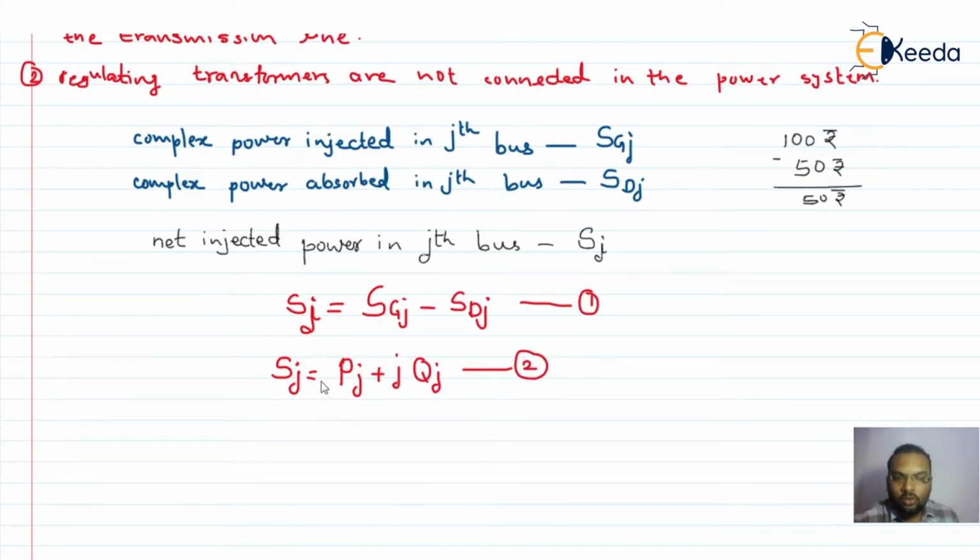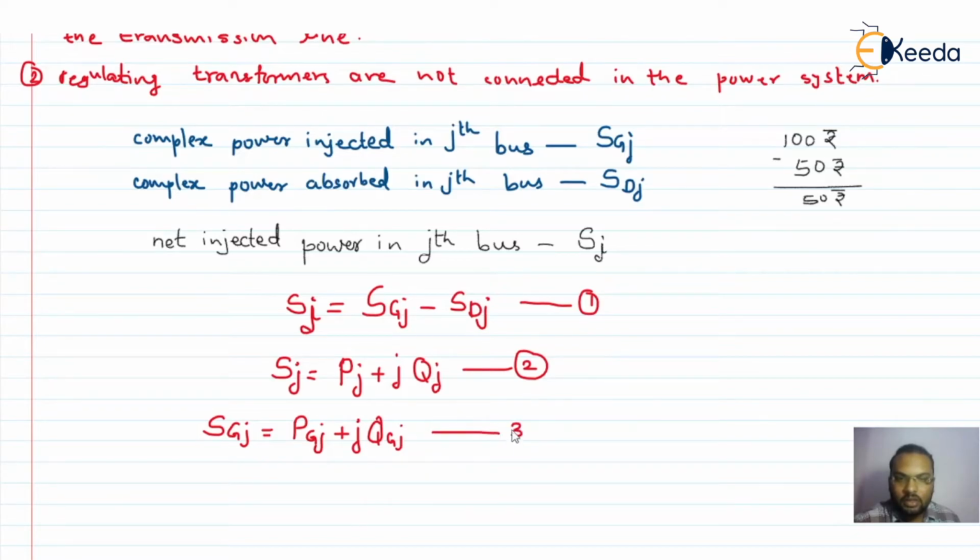Okay, so with reference to equation number 2, can I write the complex power generated by the generator connected at the Jth bus as the real power generated at the Jth bus plus j times the reactive power generated at the Jth bus?